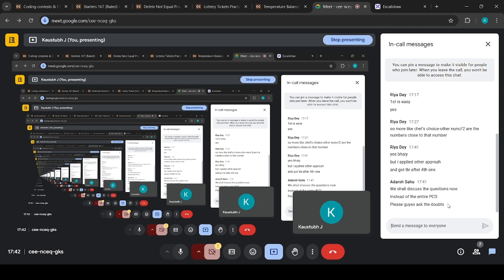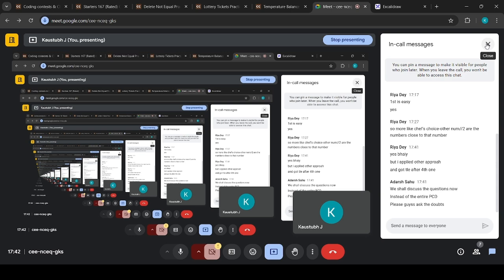There are only three people: Riya, Shrenika, and Vishant. So it's better for us to discuss the approaches of each other so that it will be better. Okay, Priya, you can tell your approach. Yes, you can unmute and ask. Okay, so I will explain my approach.